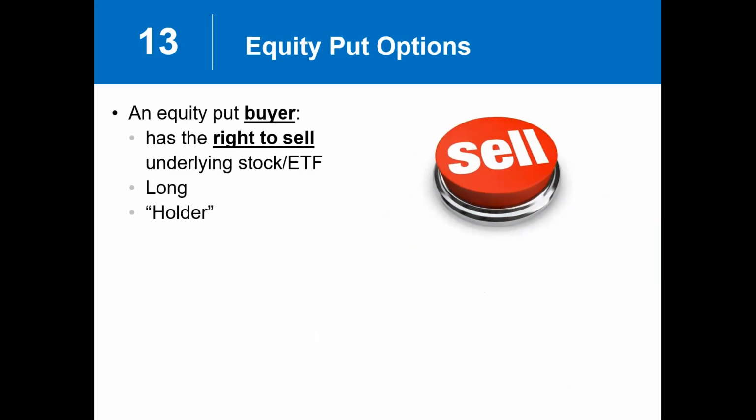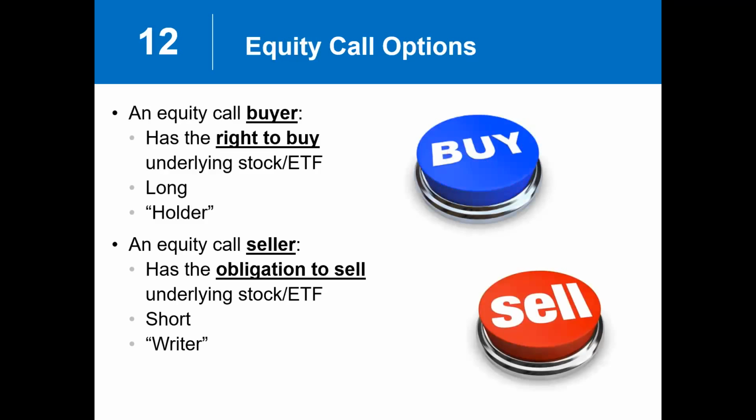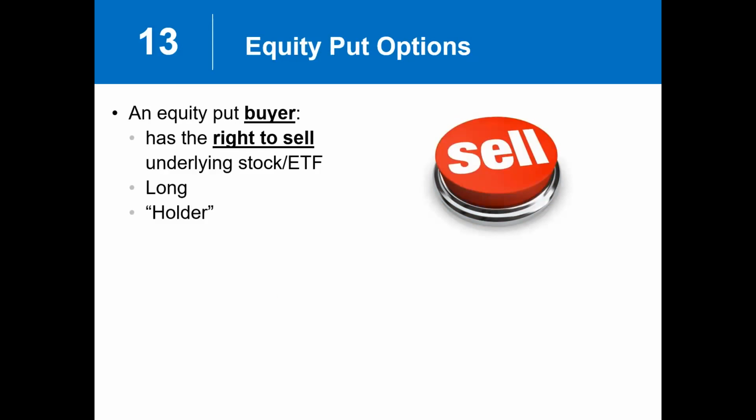On the put side, and for those of you who are new, I would just urge you to be patient. This stuff can be confusing. I don't think it's necessarily complex, but it can be confusing. On the call side, the call buyer has the right to buy the underlying. The call seller takes on the obligation to sell the underlying.